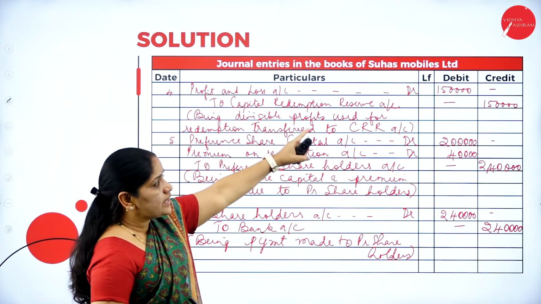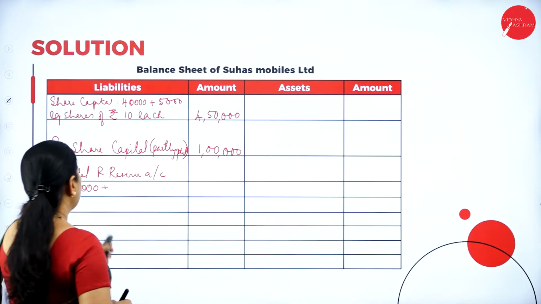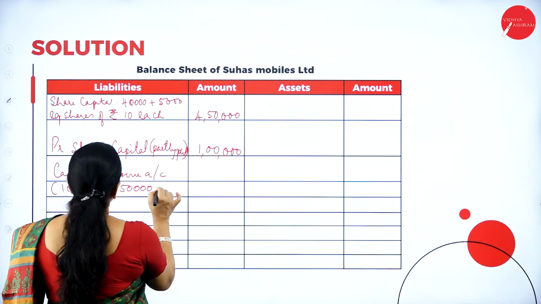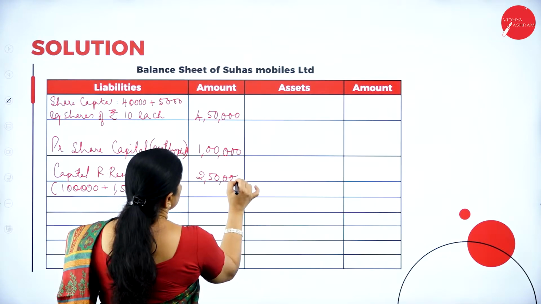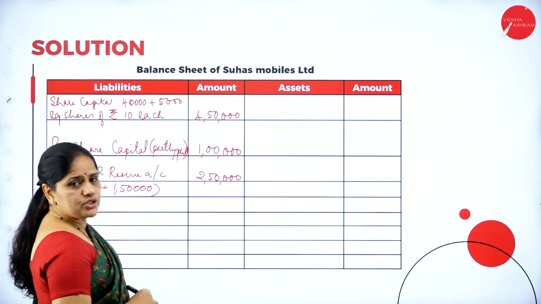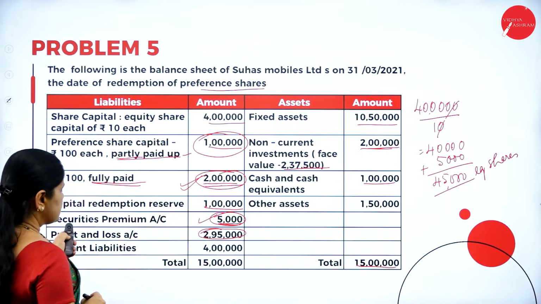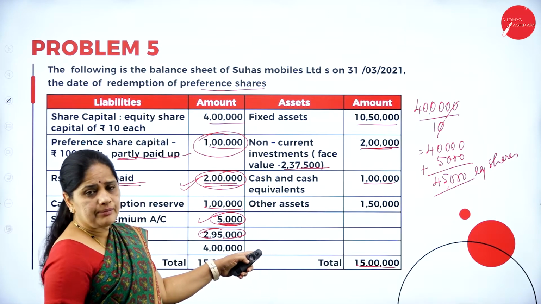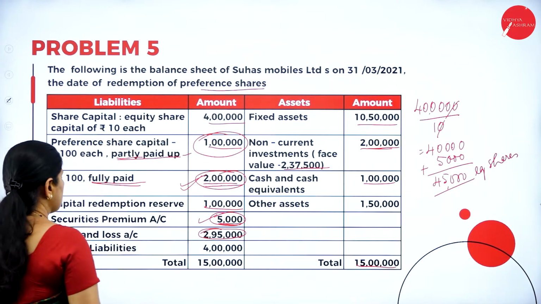So I have transferred 1,50,000 to capital redemption. So that money I have to add here. So 1,50,000. So total will be 2,50,000 in capital redemption reserve account. Then the next one will be securities premium. 5,000 is there. 5,000 we have already made use of. So it is nil.